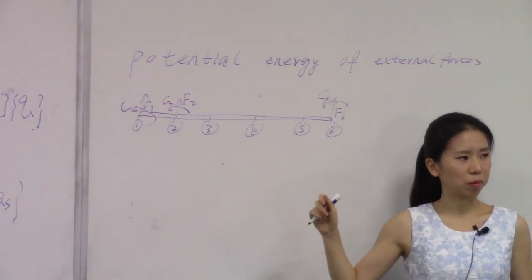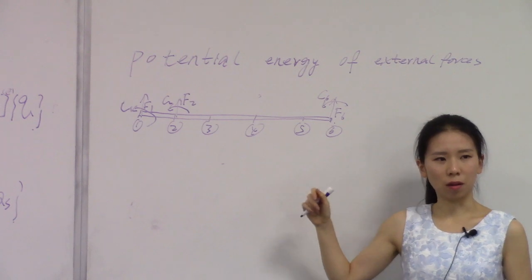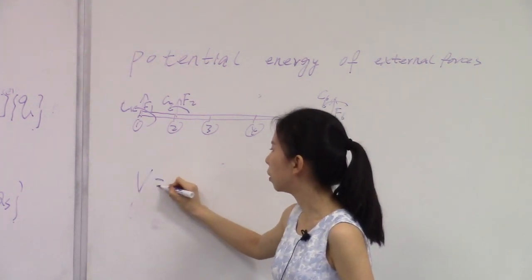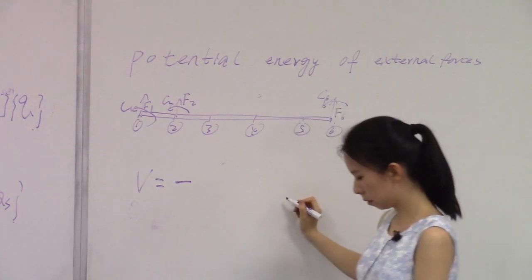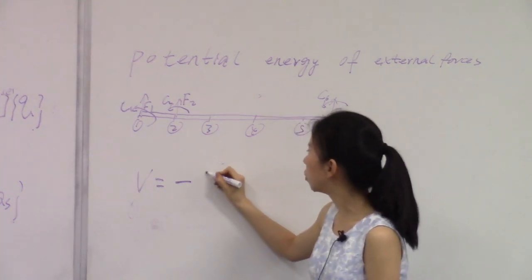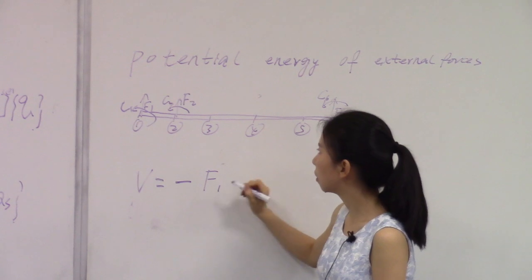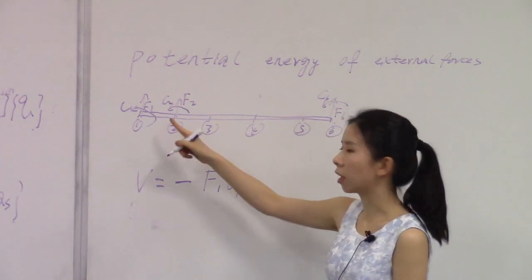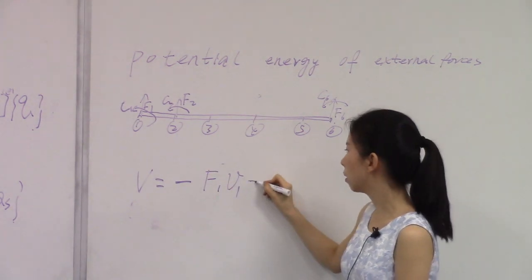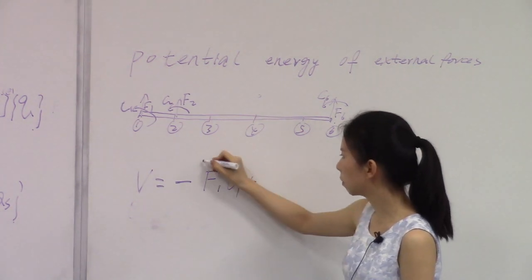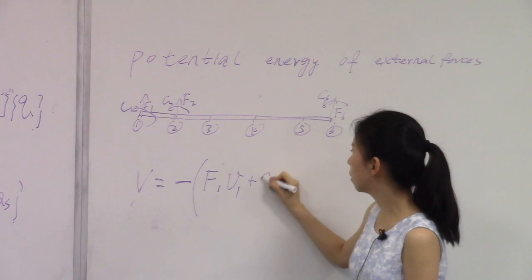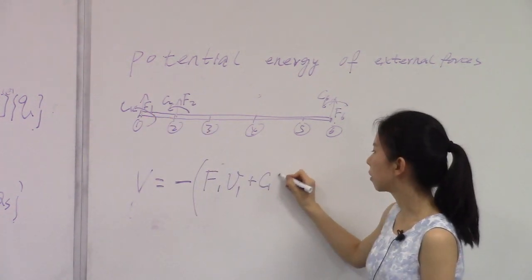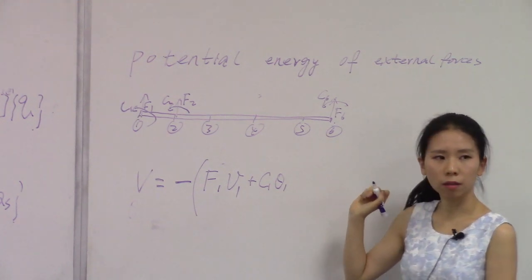I think you learned this part before. The potential energy should be, there's always a negative sign here, F1 multiplied by the deflection at this point, V1, and then C1, the couple here, times theta 1, right?